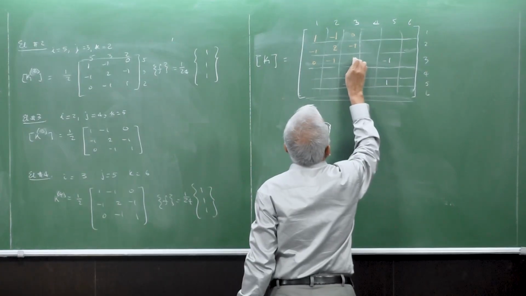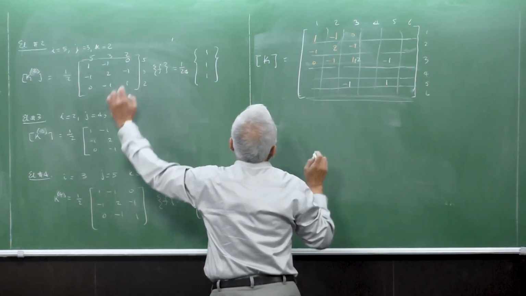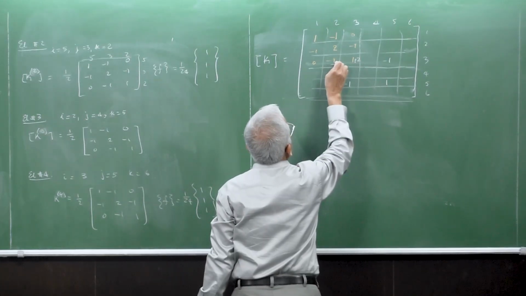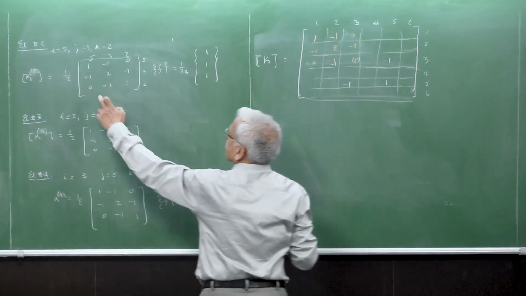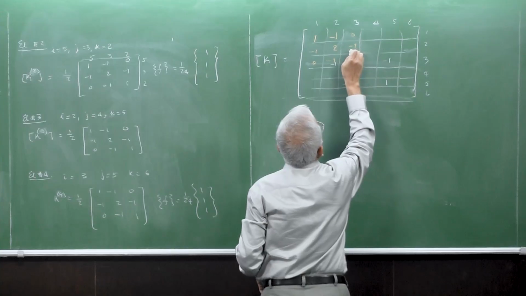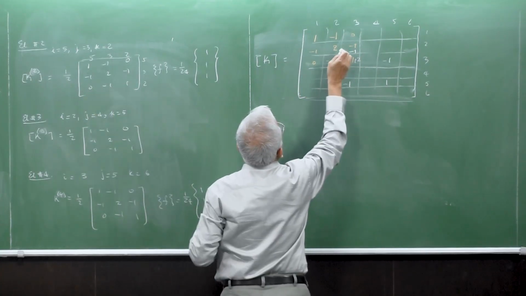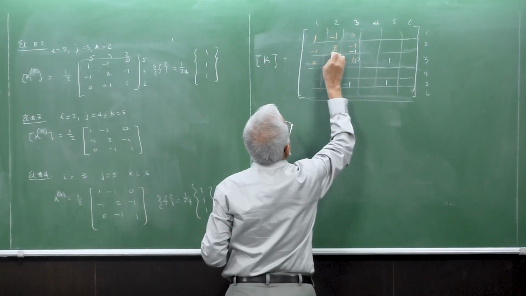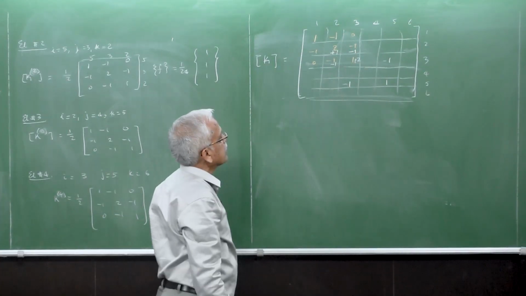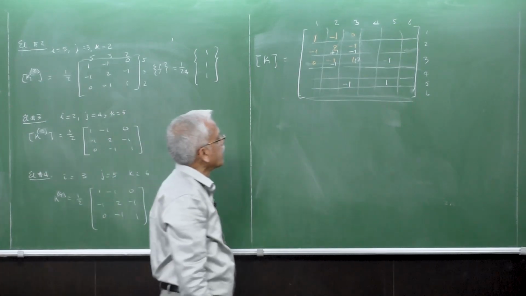So at 3, 3 you have to have 2 here, and then 3, 2 is minus 1. The last one is 2, 3 is minus 1, and 2, 2 is 1. So these white marked things are the entries.